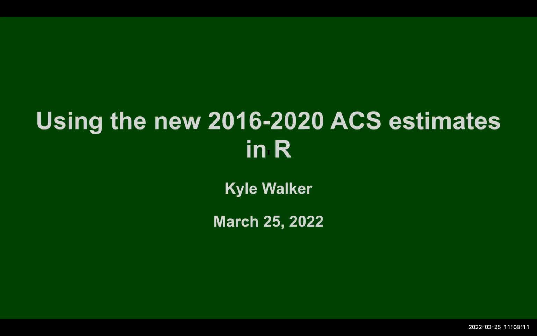And today is all about using the new 2016 to 2020 5-year ACS, or American Community Survey, estimates in R. And this is kind of fun to be able to do because these estimates usually come out in early December of every year, but due to the COVID-19 pandemic and significant data collection issues in the 2020 ACS, which I'll cover in some detail later in the presentation, the release of these estimates was delayed because Census wanted to be confident that they were producing estimates that we could rely on.